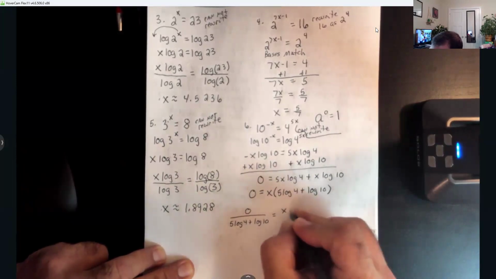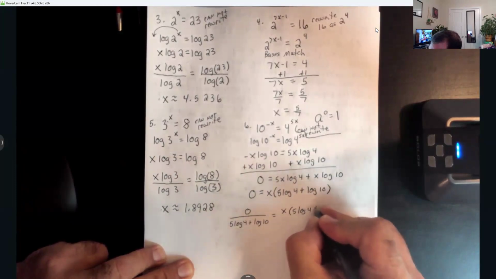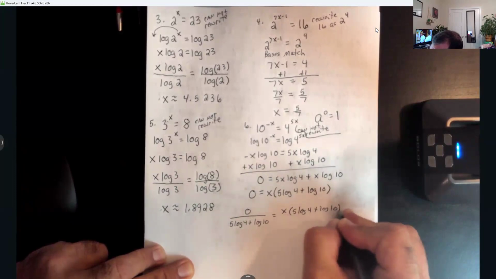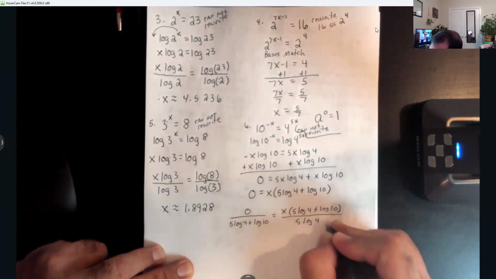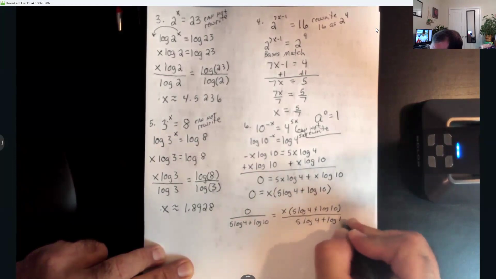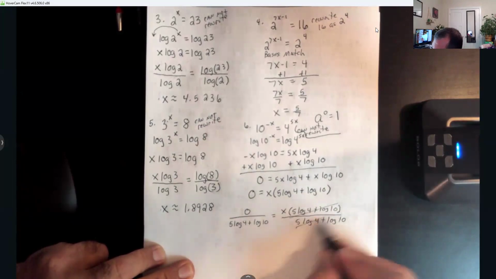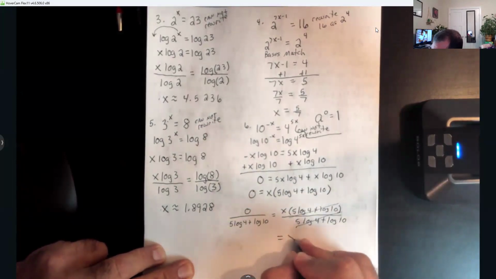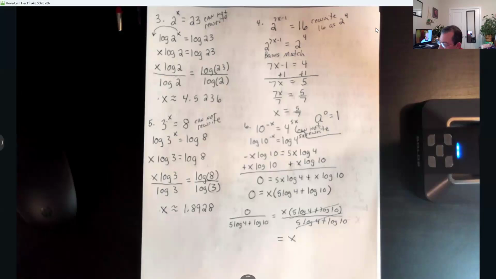That'll equal my x times 5 log 4 plus log 10, divided by 5 log 4 plus log 10. So you had to do that so that this stuff sort of canceled on that side, and all that was left was my x.